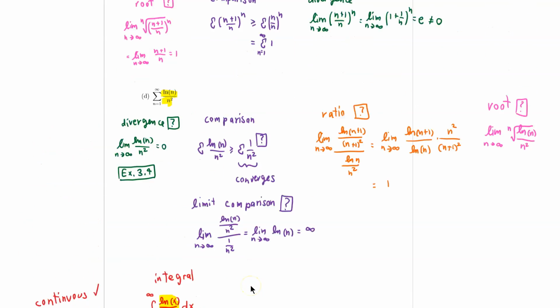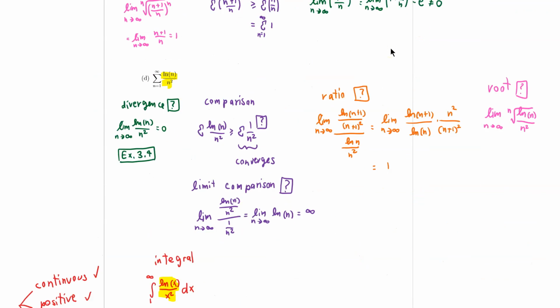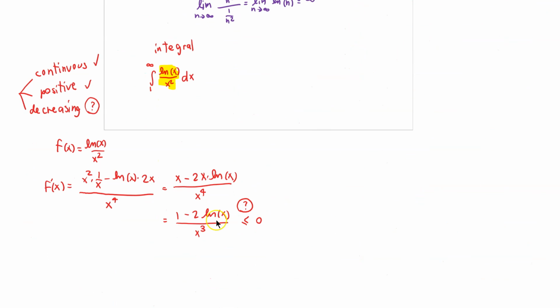By the way, I have this principle that we saw earlier, that we can ignore the first few terms of the series. So for the first few values of x, this might be positive, but that is okay because when x is large enough, this numerator is going to be negative. So I can now conclude that this function log x over x squared is going to be decreasing. So now I can use the integral test.